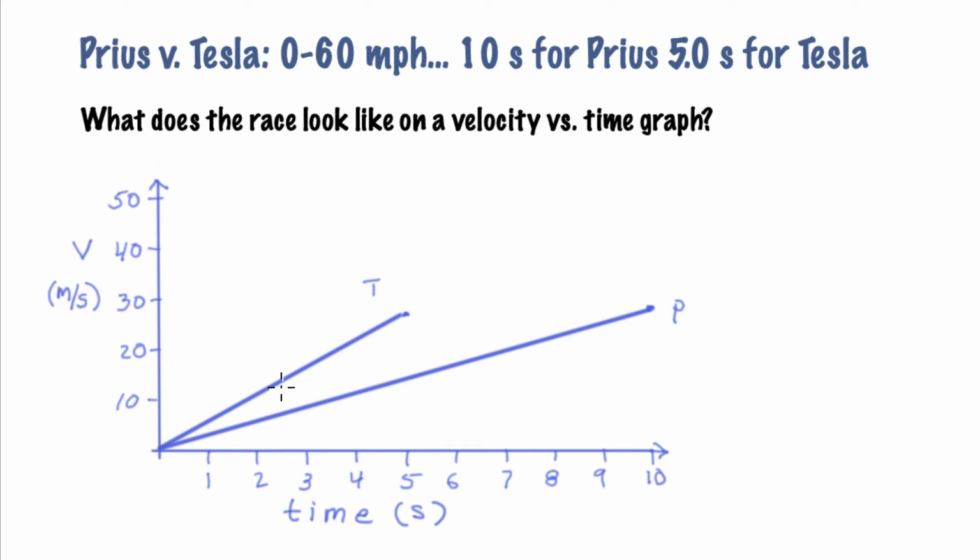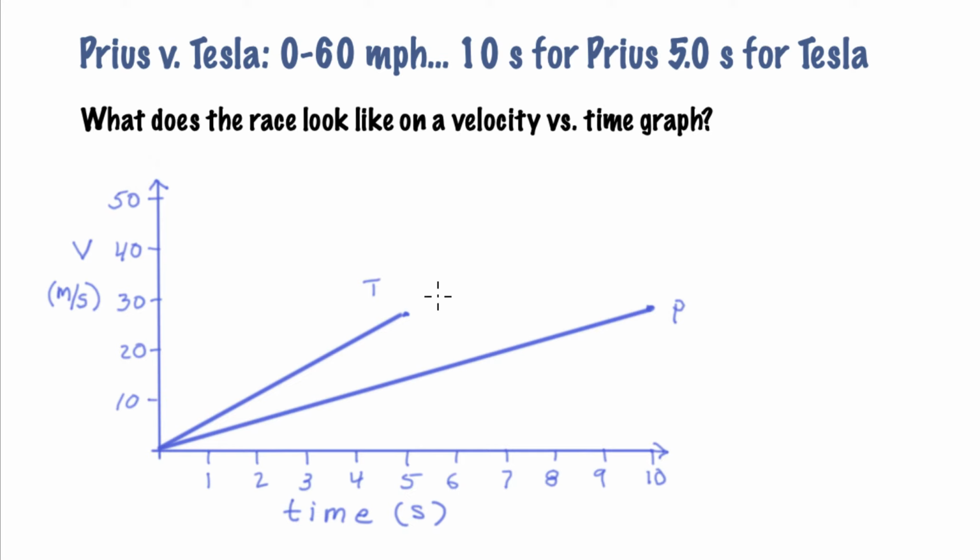After all, how would you find the slope of this line? You would do change in y, that's change in velocity, divided by change in x. Remember, slope is rise over run, but change in x is time. So the definition of slope, rise over run, is the same as the definition of acceleration, delta v divided by delta t.